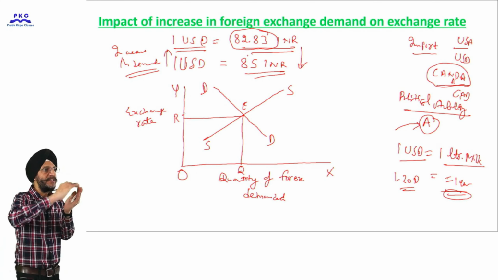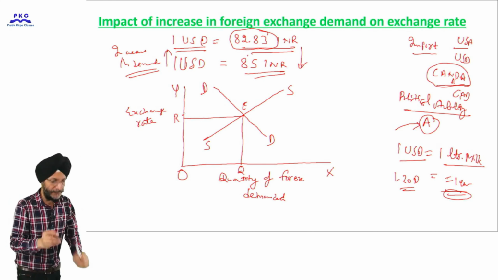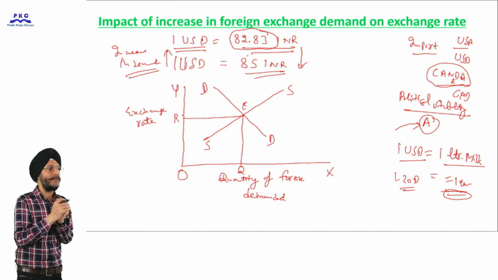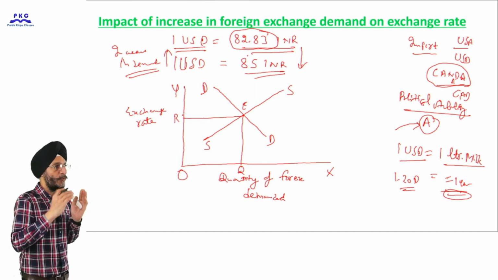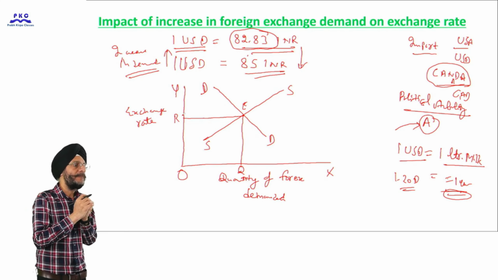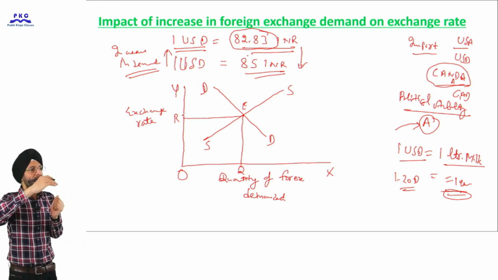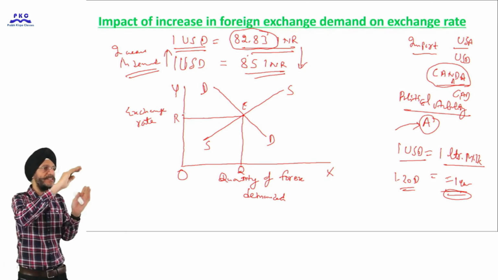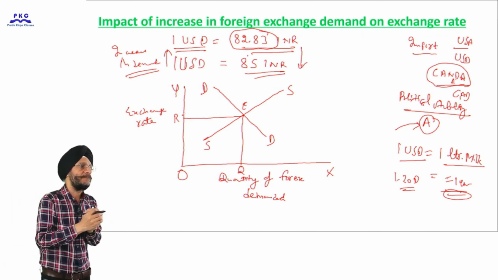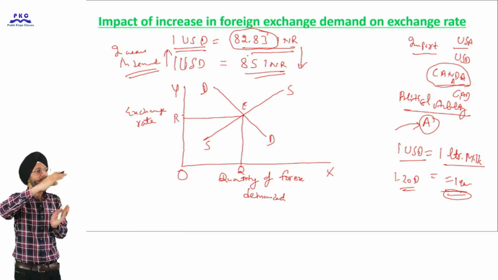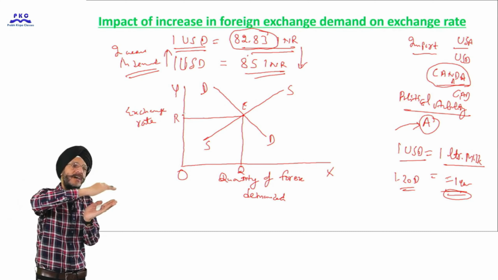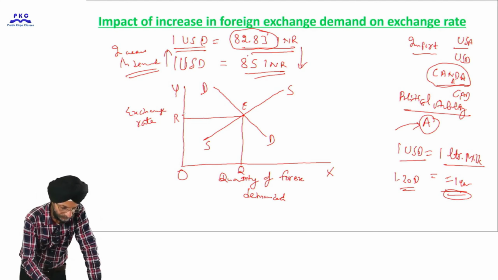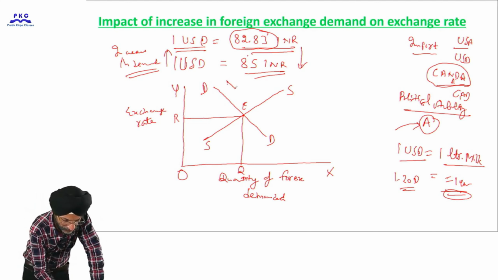So when there is increase in demand, what will happen? Increase in foreign exchange demand. As the transactions are taking place all over the world, if we say that there is increase in demand for US dollars all over the world, what will happen? The demand curve will shift upward.